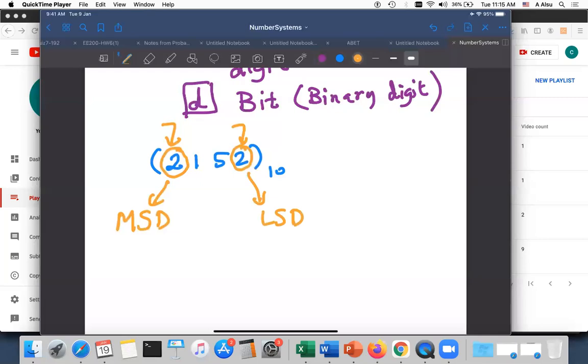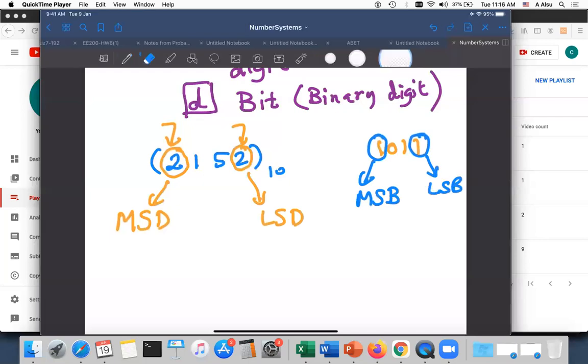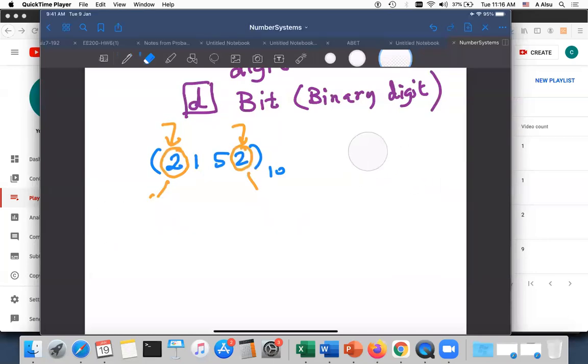So in case of binary, if you have 1 0 1 1, this is going to be called the most significant what? Bit. And this is going to be called the least significant bit. All right, I think we are now ready to discuss the conversion algorithm from any base to decimal.